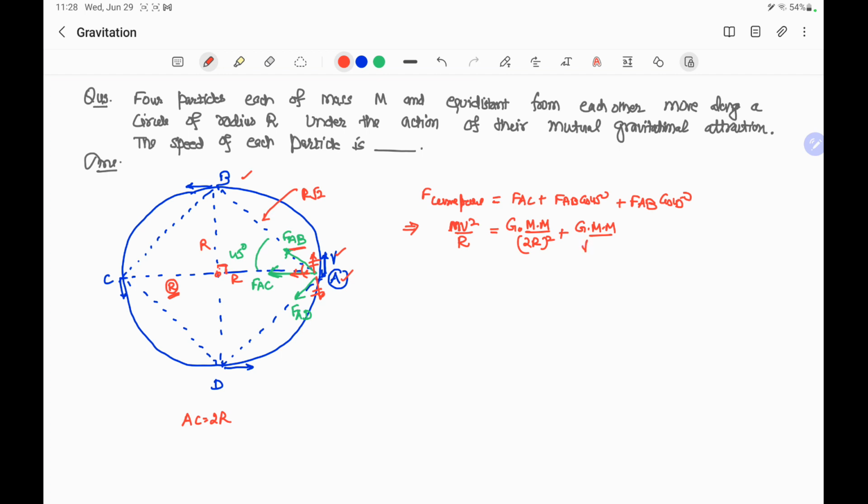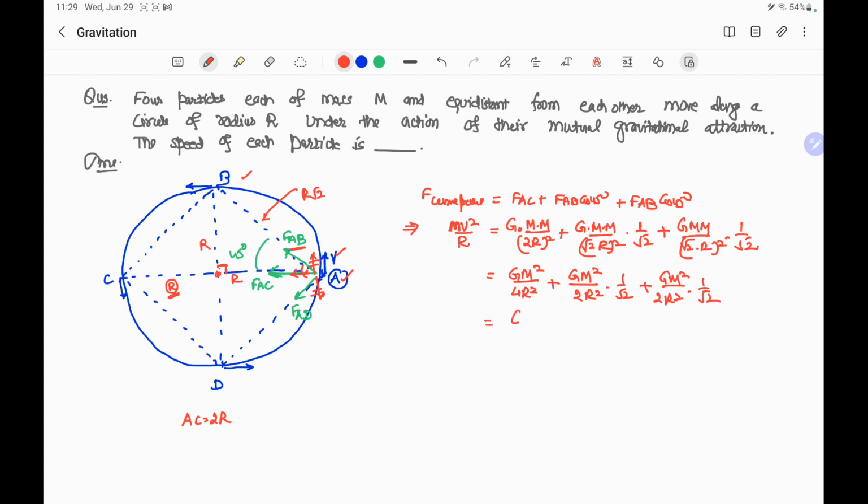So we can write it is root 2 r square into cos 45, that is 1 by root 2, plus FAD again GMM by root 2 r square, and cos 45 is again 1 by root 2. So we can write it is GM square by 4r square plus GM square by 2r square into 1 by root 2 plus GM square by 2r square into 1 by root 2.